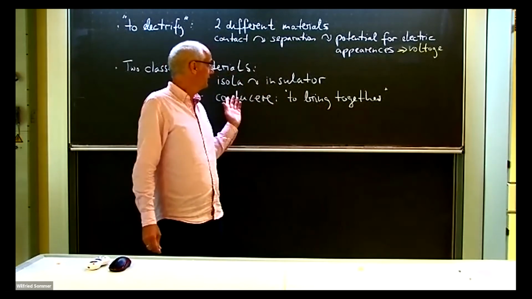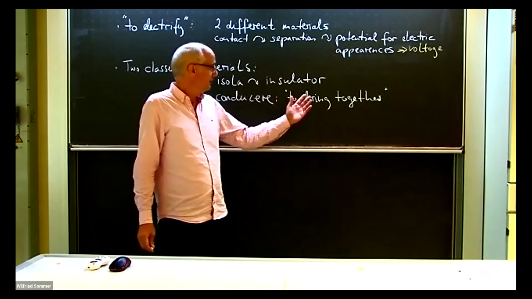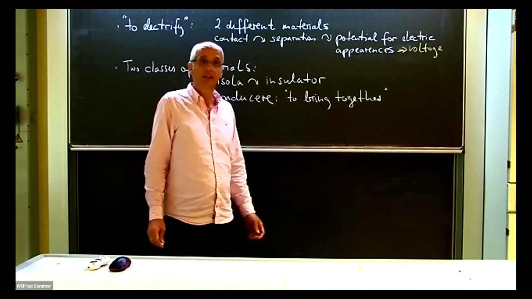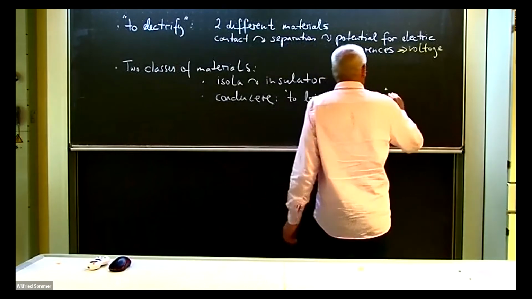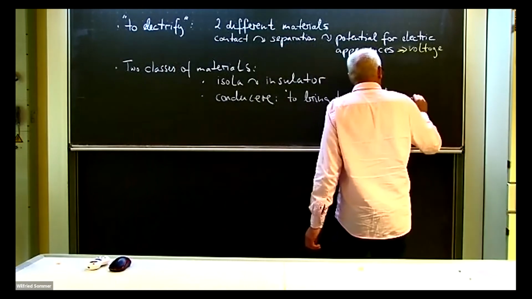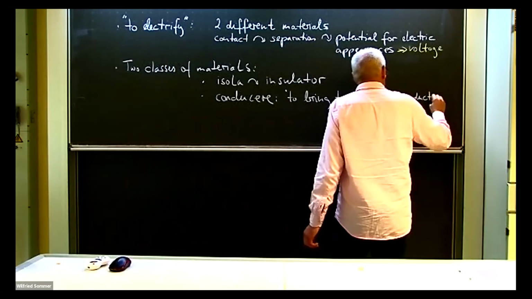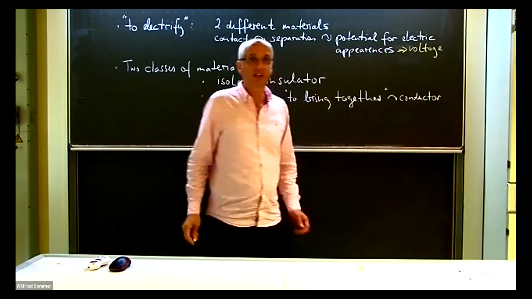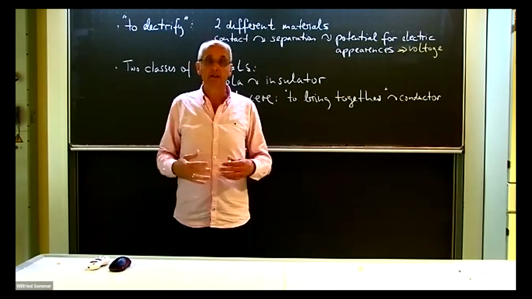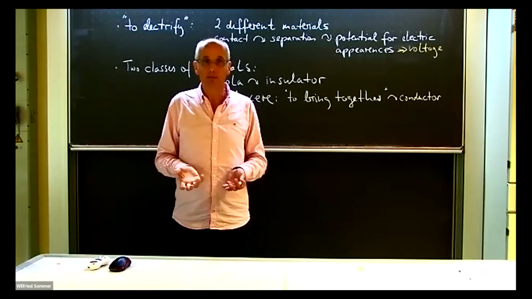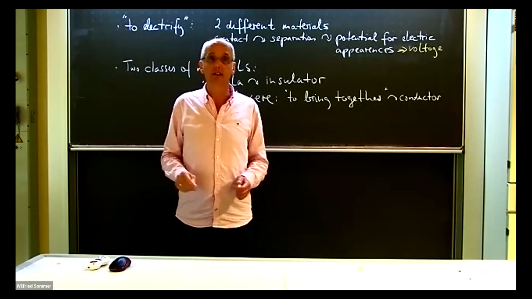And from this conducere, to bring together the electrification, is derived conductor. Conductors can be electrified as a whole. And if the electrification collapses, it's completely gone.